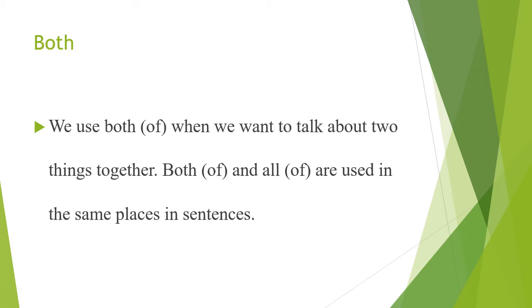We use both or both of when we want to talk about two things together. Both of and all of are used in the same places in sentences. But definitely the difference is that when you say both, you are talking about two things together.